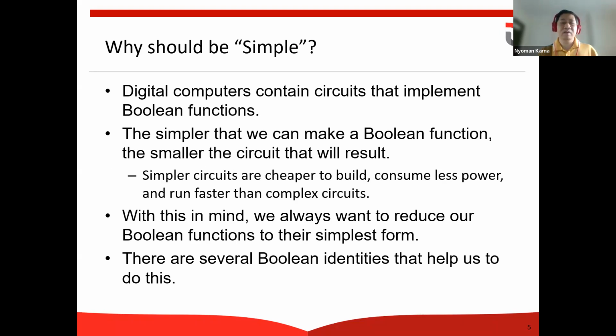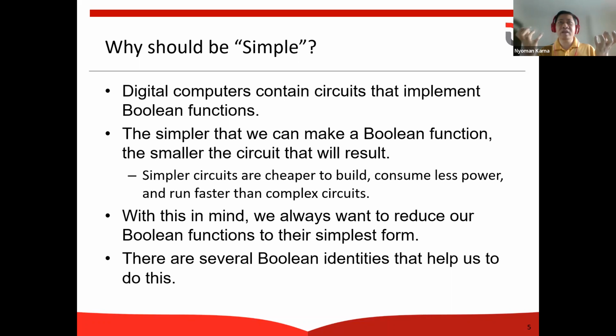Now, first, why should we simplify a function? That's because a digital computer contains circuits that implement Boolean functions. The simpler that we can make a Boolean function, the smaller the circuit that will result. Simpler circuits are cheaper to build, consume less power, and run faster. For example, using the same function, I can implement it using 100 logic gates.